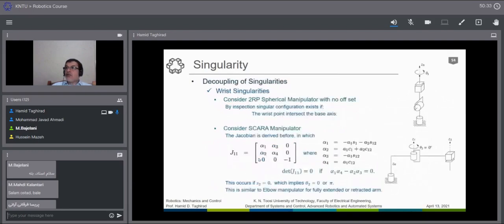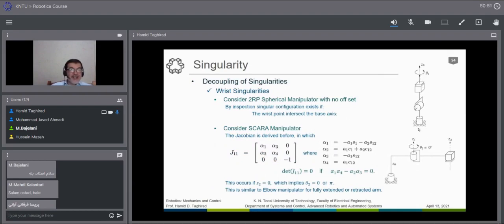Again, let's see 2 other ones. Here we have another arm singularity. We call it 2RP here. Consider 1R here, 1R here, and 1P here.